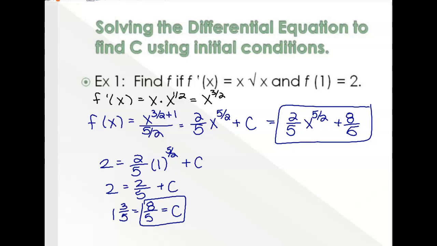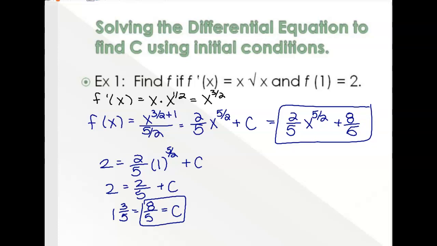So we have f prime of x equals x square root x. So I would probably transform my f prime of x so that I didn't have a square root and a function being multiplied together. I would rewrite that as a single rational exponent.